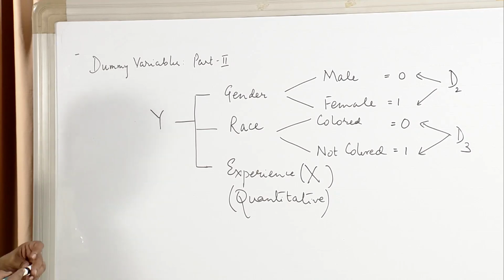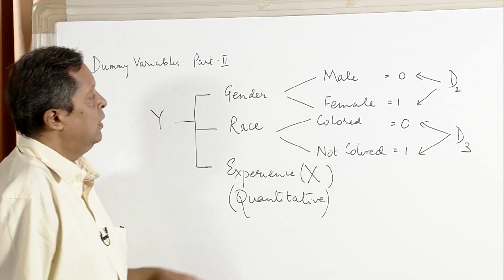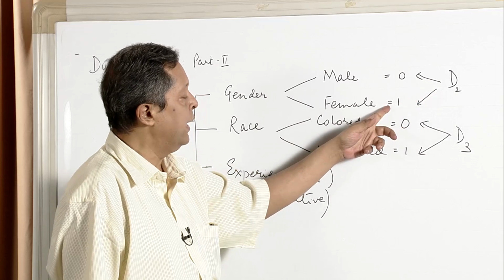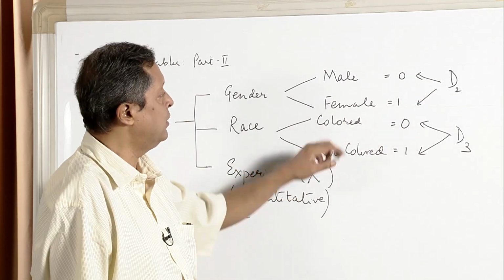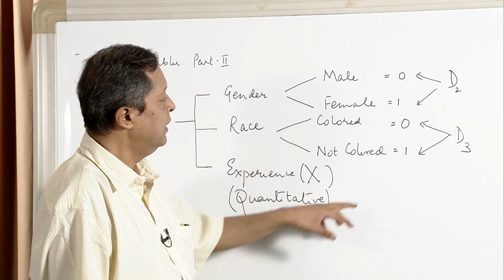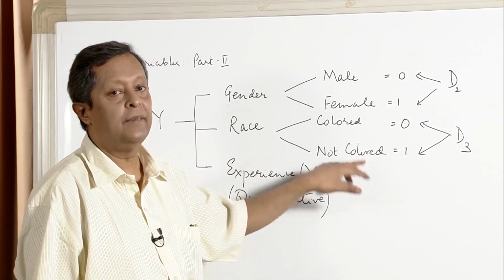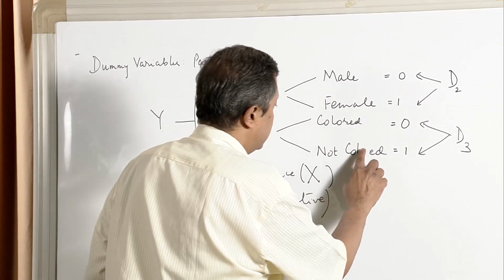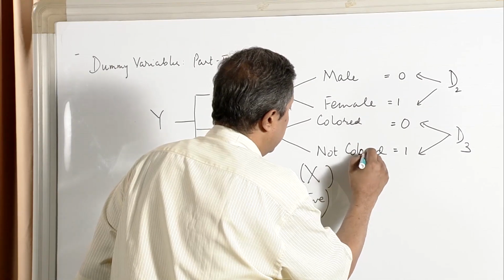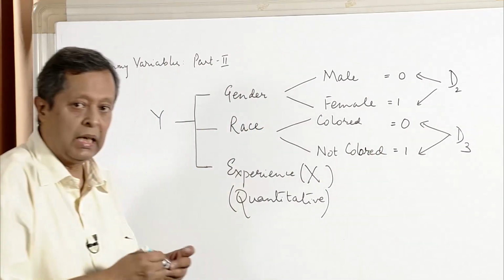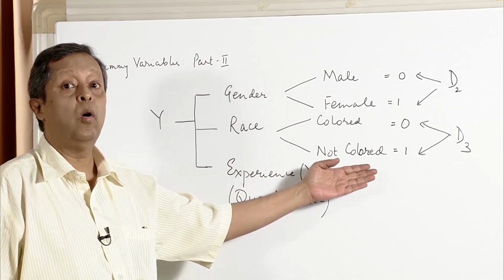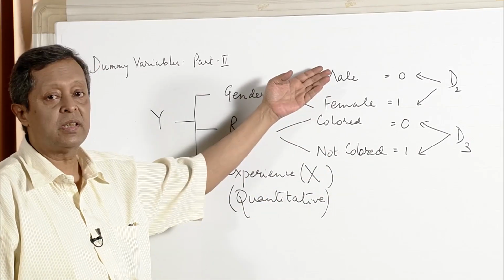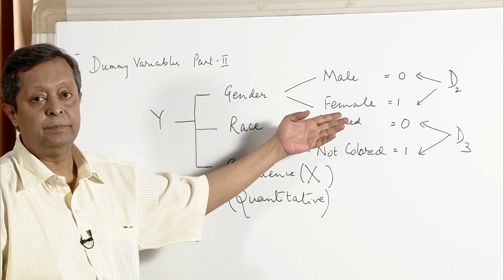Now, in a model with intercept, when we have D2 equal to 1, then we will have the differential effect of being a female. Similarly, if we have D3 equal to 1, we will get the differential effect of being not a colored person. But the differential effect of not being a colored person may also depend on whether the person is a male or a female.